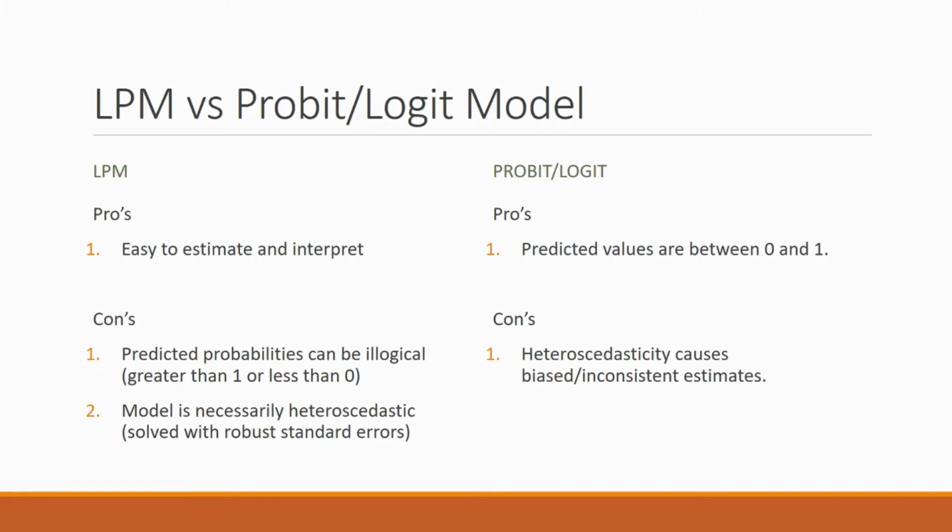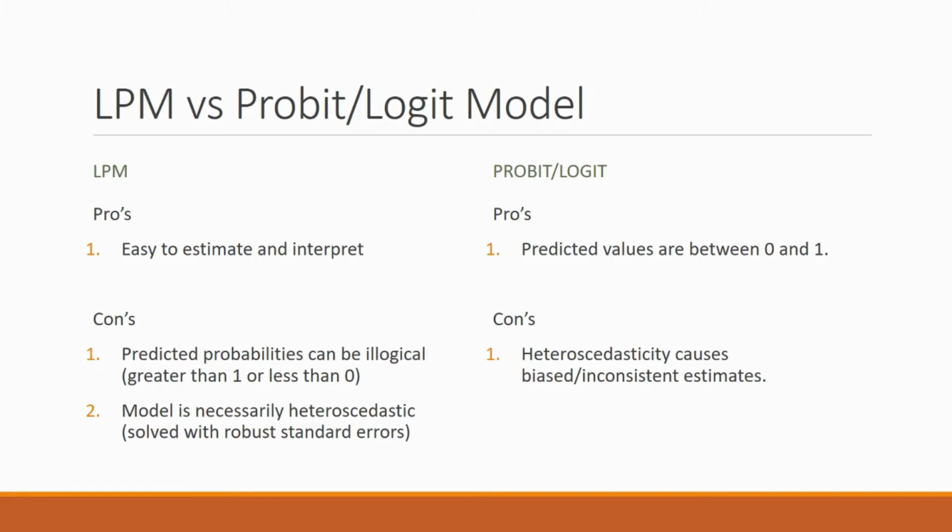The disadvantages of the linear probability model are that the predicted probabilities can be illogical. That means the predicted probabilities can be greater than 1 or less than 0. Also, another disadvantage, although it's not a major disadvantage, the model's necessarily heteroskedastic. That means you know going in that it's going to have heteroskedasticity.